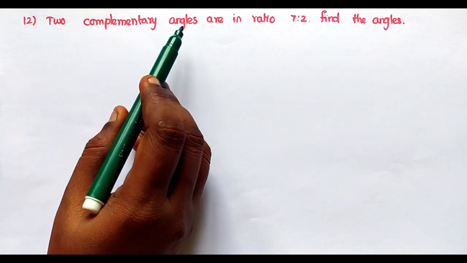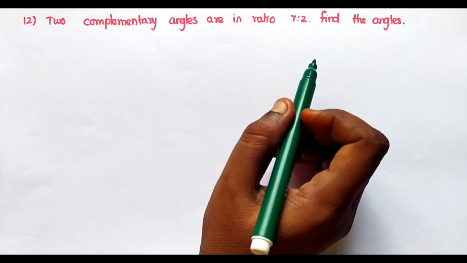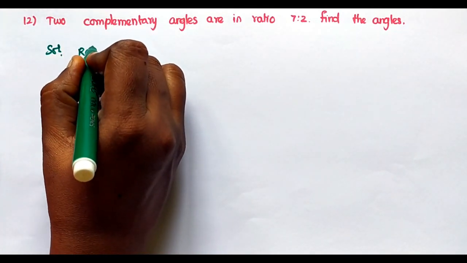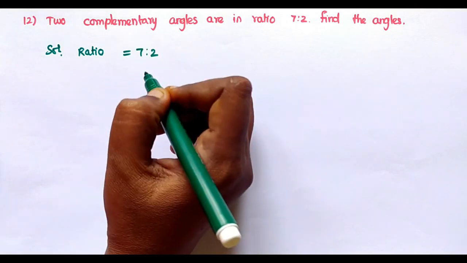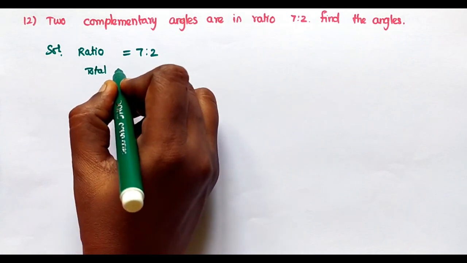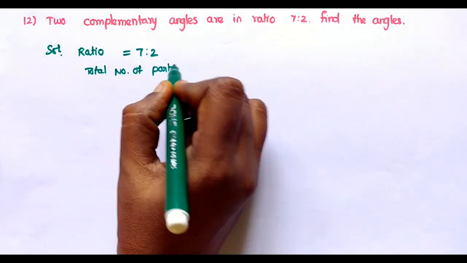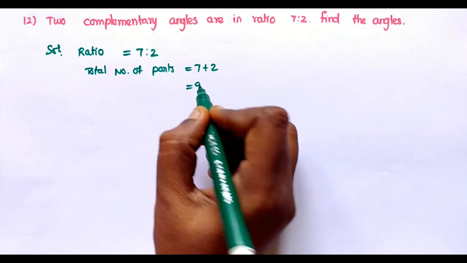Two complementary angles are in ratio 7:2. Find the angles. Listen. Ratio of the angles equal to 7:2. We know that the ratios, so total number of parts 7 plus 2, 9.